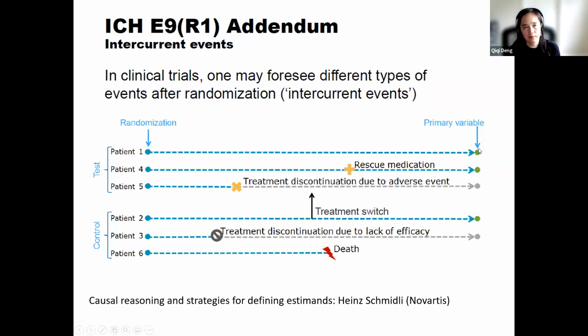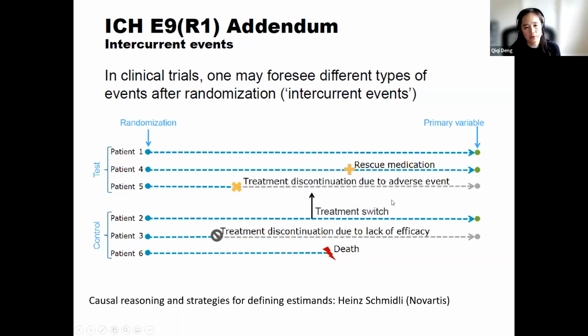For example, if we still go back to the blood pressure lowering drug that I mentioned at the beginning, if your targeted endpoint is the blood pressure 24 weeks after treatment, and then you just have an intercurrent event before that, and you drop out from the study, for example, then we're not going to have your data available for that 24-week time point.